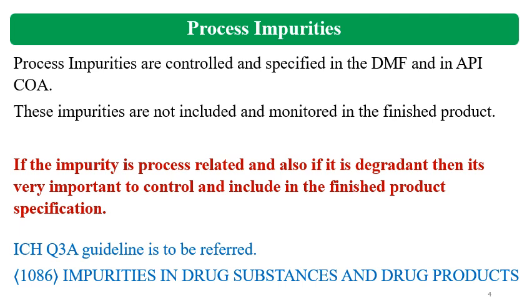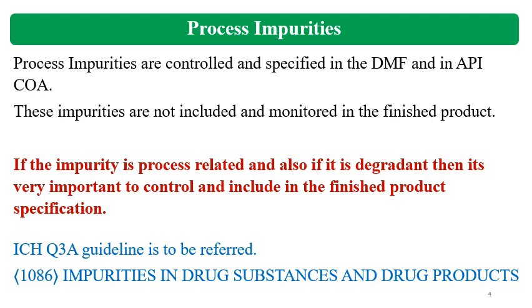And if the process impurities are getting increased, for example, suppose you have API, in that impurity A, for example, let's say it is a process impurity and it is getting increased on stability. So it is a process impurity, also it is a degradant impurity.